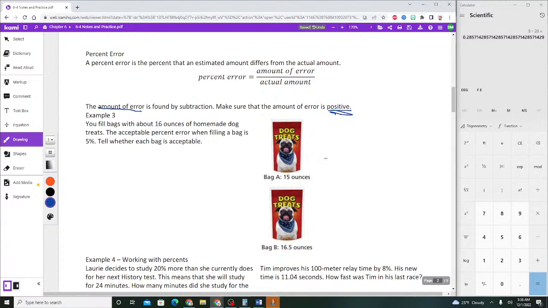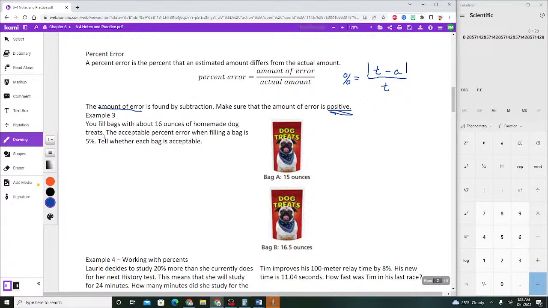So a lot of times in the future, you'll do absolute value. Percent of error is the target value minus the actual value, divided by the target. This will be your formula, but we find this a little too complicated for 7th grade.